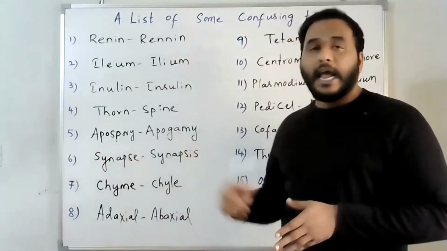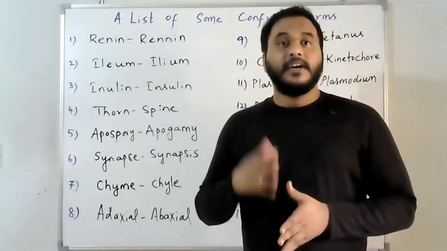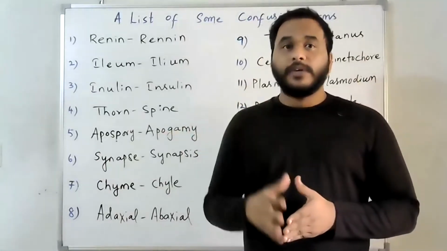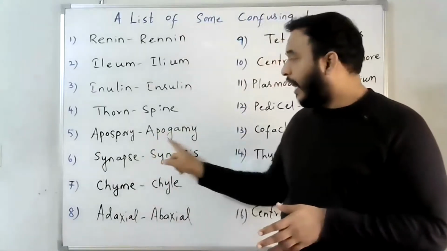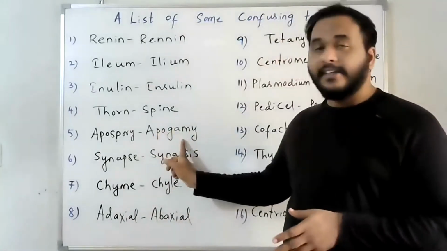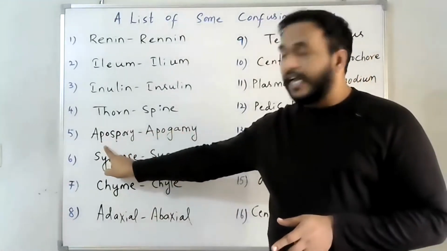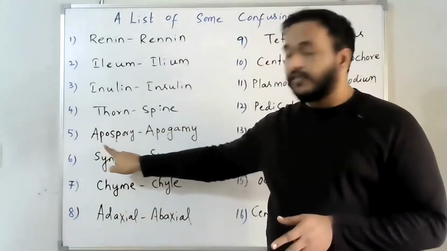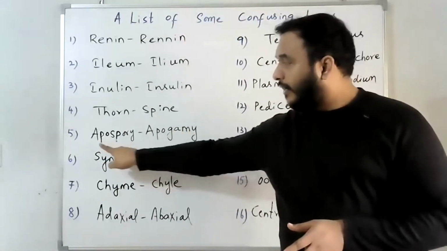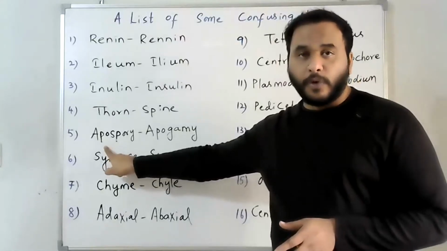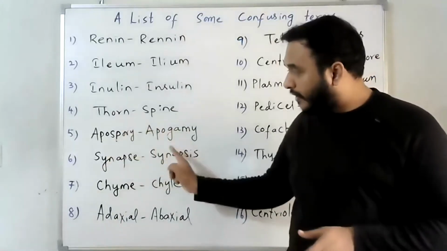Whereas apogamy means that without fertilization, an embryo directly develops from the gamete. So apospory is direct development of gametophyte from sporophyte, and apogamy is direct development of embryo from the gamete. That is the difference.